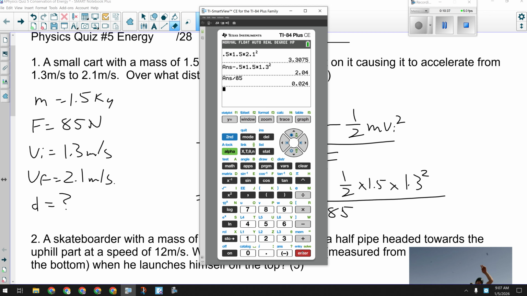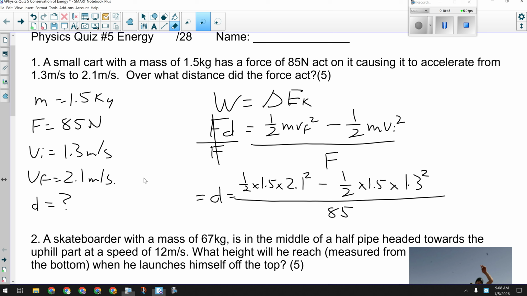We only used 2.04 joules worth of work here. Okay, that's not a lot of energy. All right, so 0.024 meters would be our final answer. All right, ringing a bell?